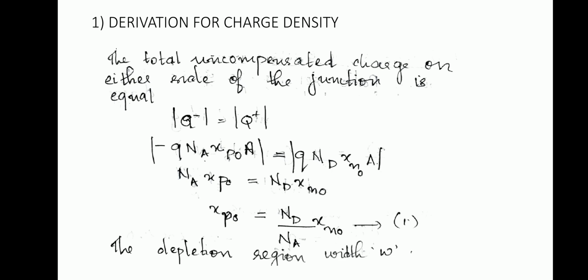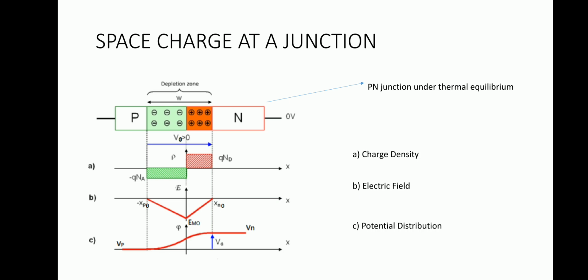If we are given the charge density, meaning charge per volume, then charge is charge density times volume. If A is the area, then the length of this region on the N side is xn0, and the length of the extension on the P side is xp0. Then the volume is area times this length: A times xn0 on the N side and A times xp0 on the P side.